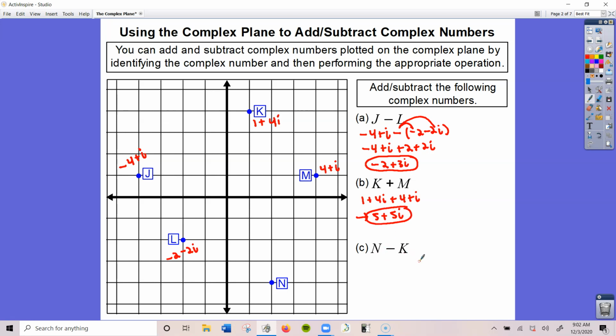And finally, N minus K. N is 2 minus 4i. So N minus K would be 2 minus 4i minus K, which is 1 plus 4i. Here I would distribute the negative, and that would give me 2 minus 4i minus 1 minus 4i, giving me a result of 1 minus 8i.